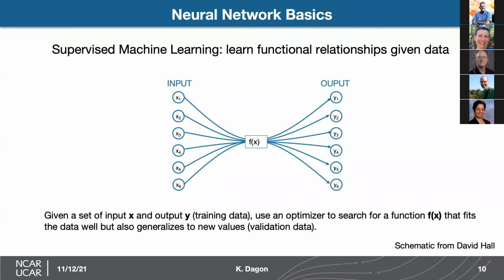So given a set of input X and output Y, use an optimizer to search for a function that fits the data well, but is also able to generalize to unseen data so that we can then apply the emulator to test out different parameter combinations. And the neural network just allows us to capture many nonlinear and linear interactions between the input and output data.